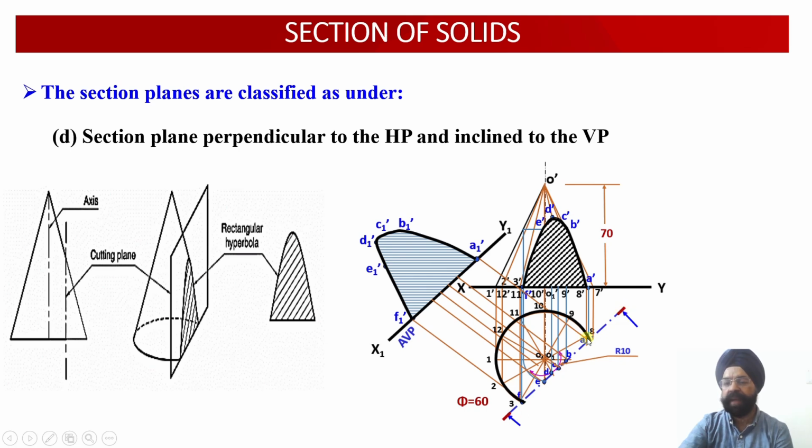Since my cut section is parallel to this AVP, the view obtained of this cut section onto this AVP will provide me the true shape. Now you can see this is a bigger picture as compared to this one. So this is a section front view, whereas this is my true shape of the cut section. So this is case number 4.